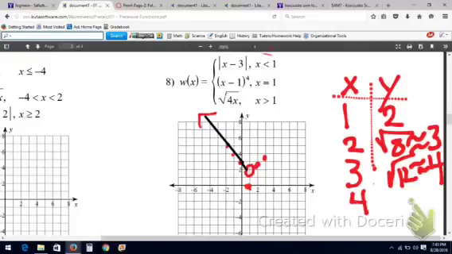And then 4, square root of 16 would be 4. So 4, 4. And then, I know that looks terrible. Draw your line. And that is your piecewise function.